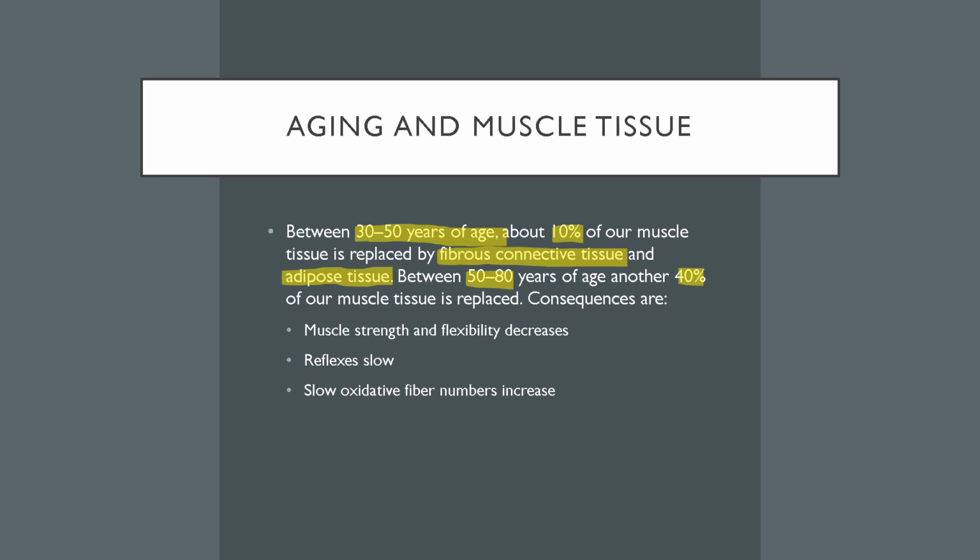Now this has several consequences, including a decrease in strength and flexibility, a slowing of reflexes, and also slow oxidative fiber numbers are going to increase. They're going to replace those fast glycolytic fibers.